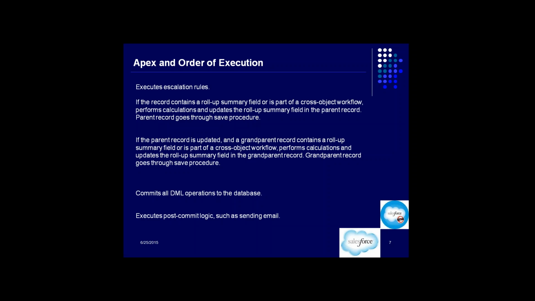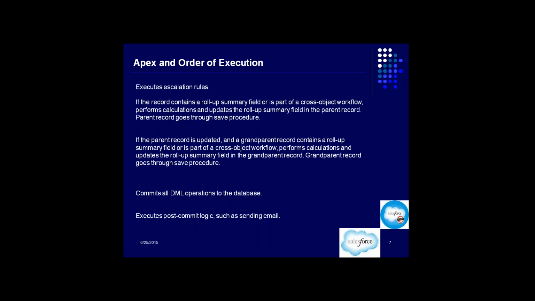Then, after the record is committed, it executes the post commit logic, as I told you, such as sending an email. Anything which cannot be rolled back is post commit logic. If you have sent an email to the customer, you cannot roll it back. Database changes, if committed, can be rolled back, right?